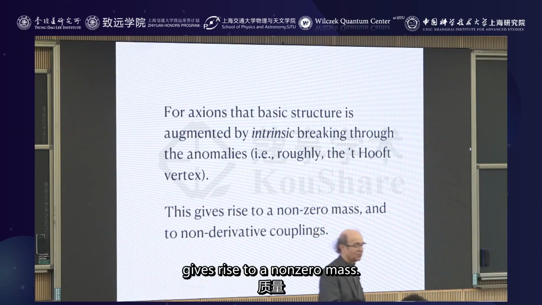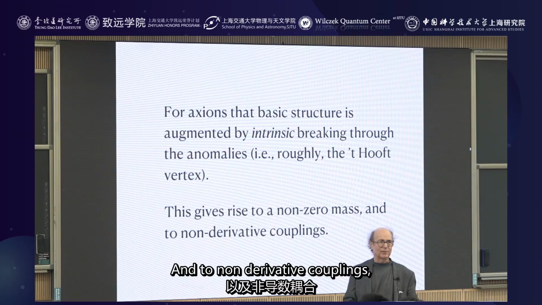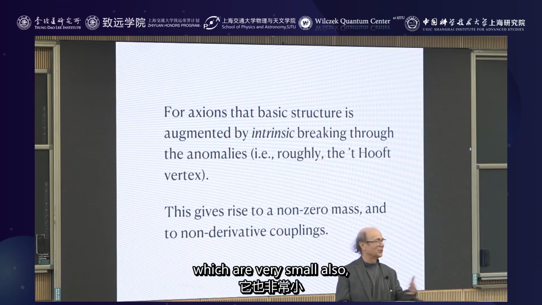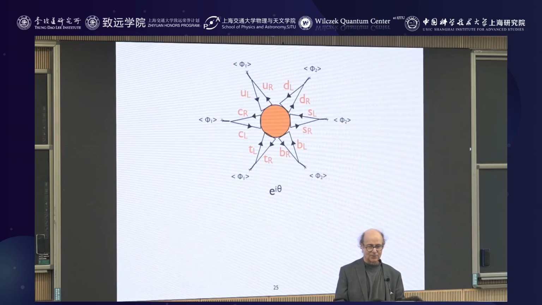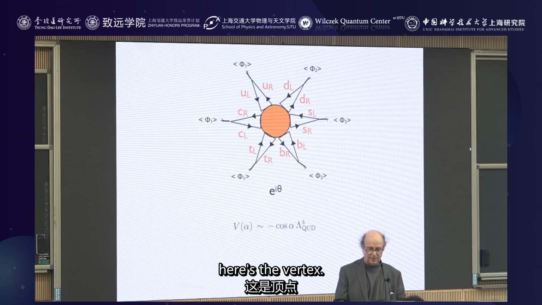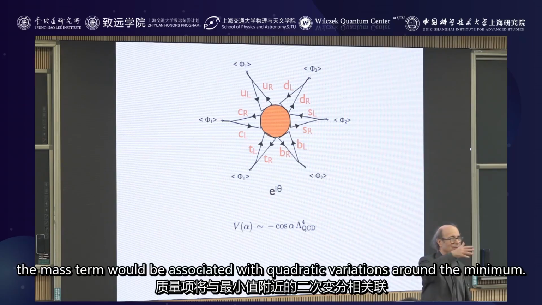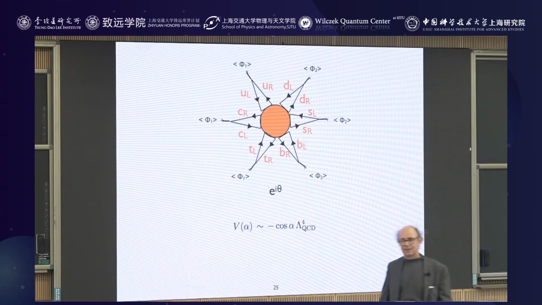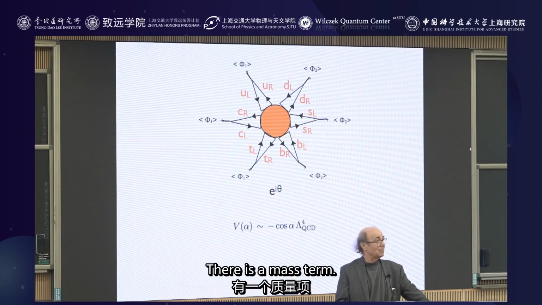So that gives rise to a non-zero mass. It's very small, but non-zero, and to non-derivative couplings, which are very small also, but not zero. So here's the vertex. Now, the mass term would be associated with quadratic variations around the minimum. The minimum was like that, so we get quadratic variation. So there is a mass term.